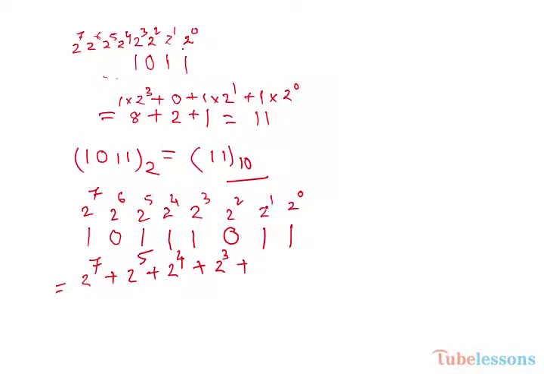So next one, 1 times 2 to the power 1, plus 1 times 2 to the power 0.